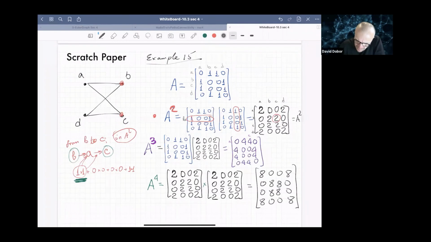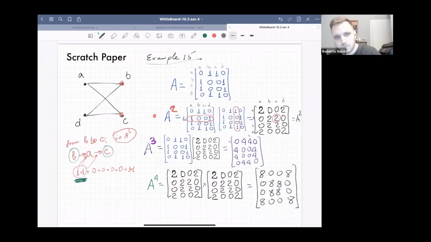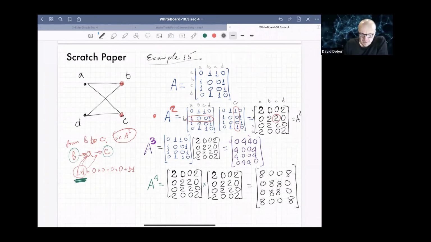Here I have A, B, C, D, and this column corresponds to C. So this term, this 0 times 0, corresponds to getting from B to B, and then from B to C, right?